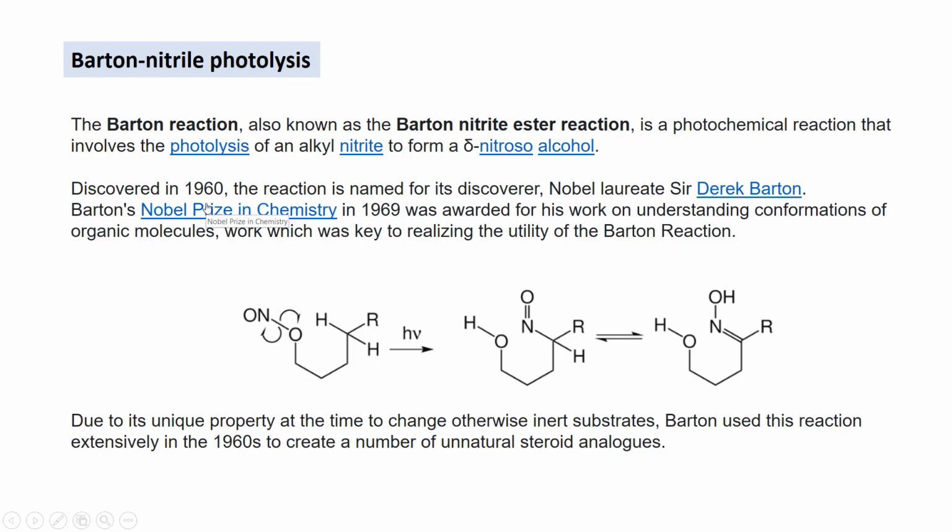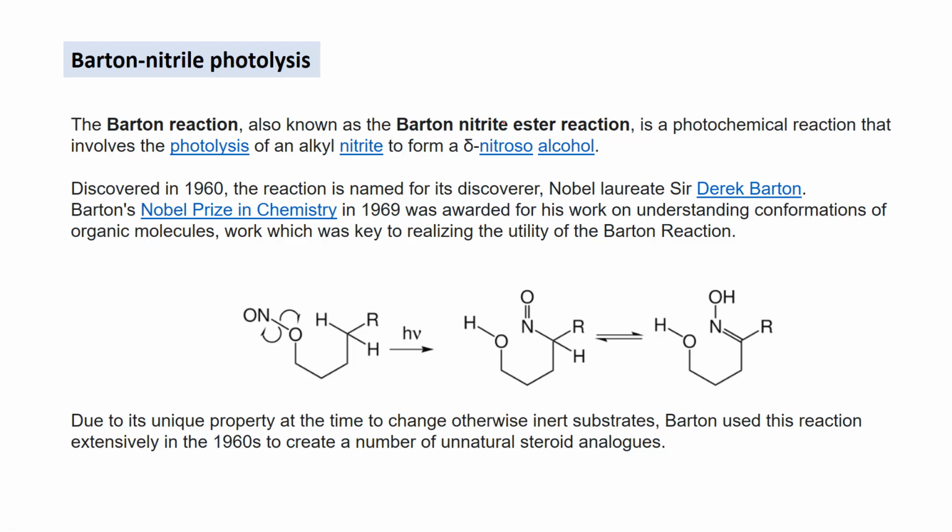First is Barton nitrite photolysis. So what is Barton nitrite photolysis? The Barton reaction, also known as Barton nitrite photolysis, is a photochemical reaction that involves the photolysis of an alkyl nitrite to form a gamma-nitroso alcohol.